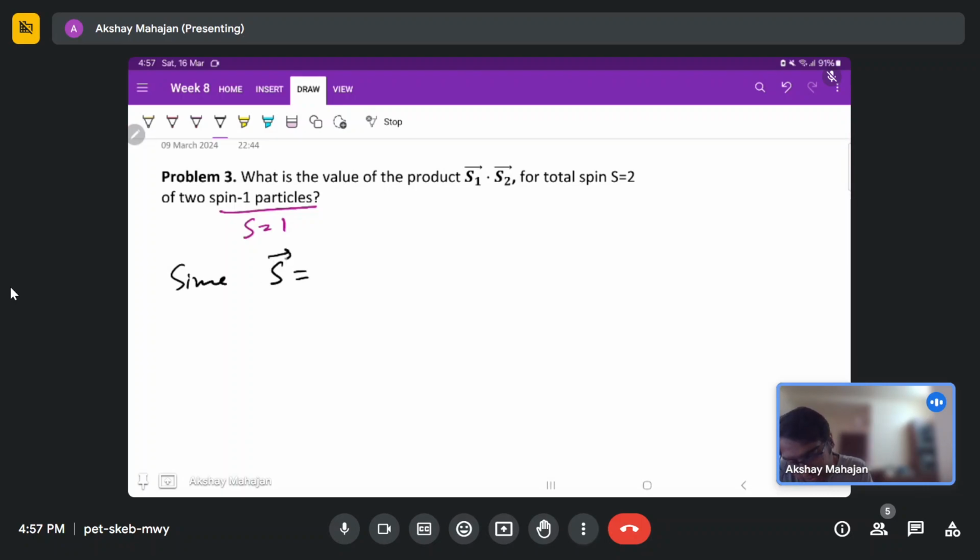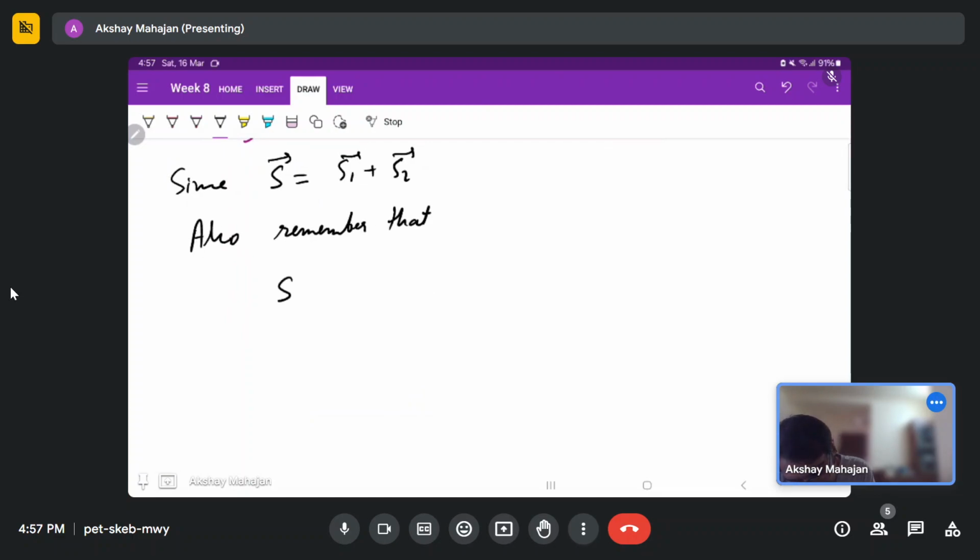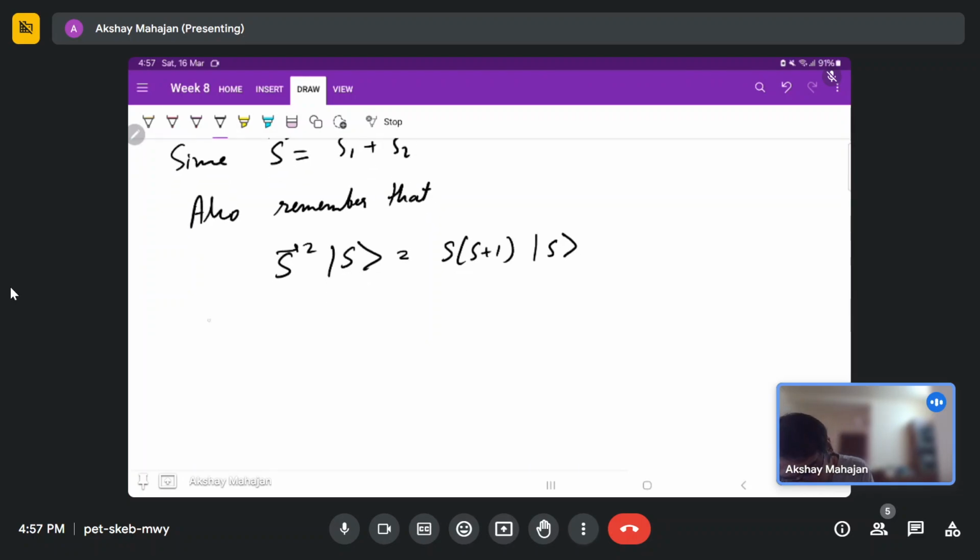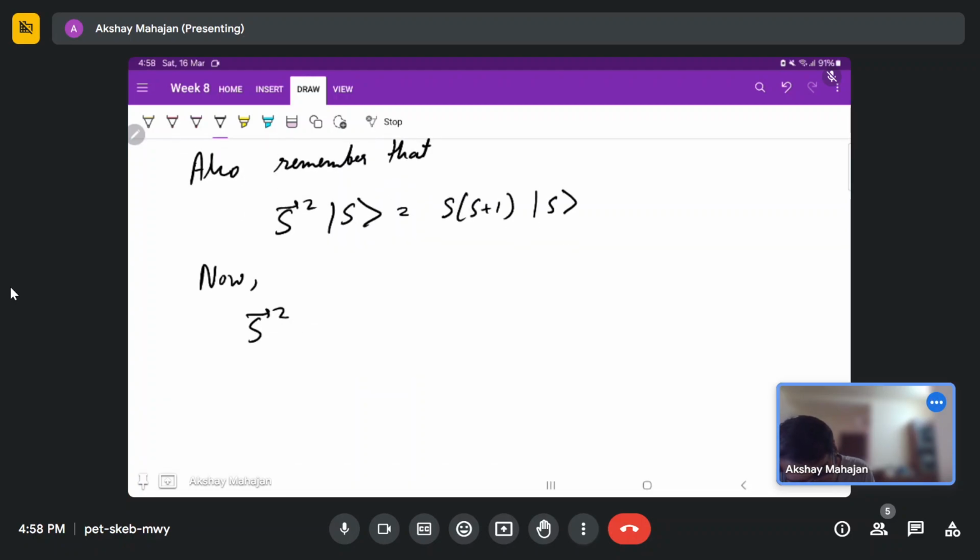Now we know S vector is equal to s1 vector plus s2 vector, and also remember that S vector square acting on the ket S will be S into S plus 1 times the ket S. So S vector square is s1 vector plus s2 vector whole square.